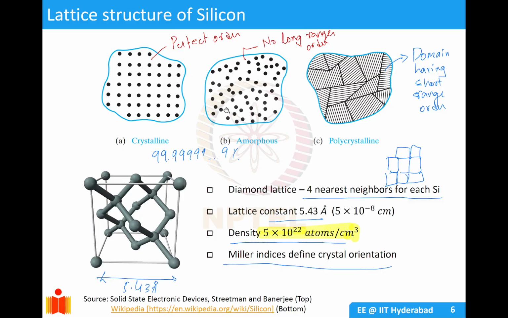And then we have polycrystalline, where there are regions of crystallinity, which are also called domains. Each of them will have short range order, so there will be some picometer or nanometer size domains of crystallinity. But individually the domains are randomly oriented. So it's a mix between crystalline and amorphous.